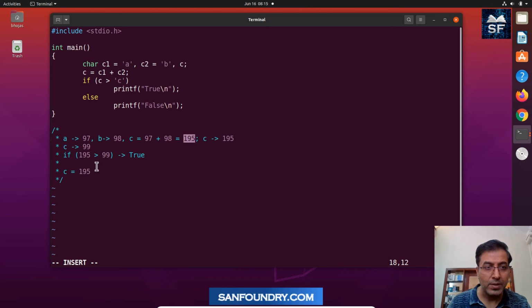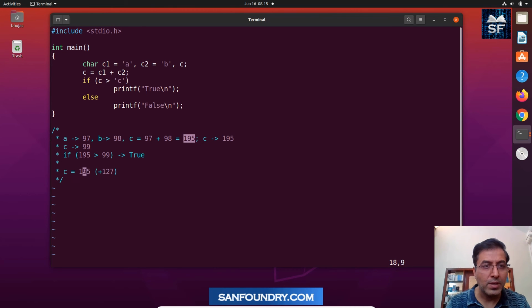But what's the maximum positive value that you can have in a signed character? It is 127, as I showed in the Scratchpad. Any value higher than 127 will be like a negative number. So in summary, this is a negative number. This will be stored as a negative number.